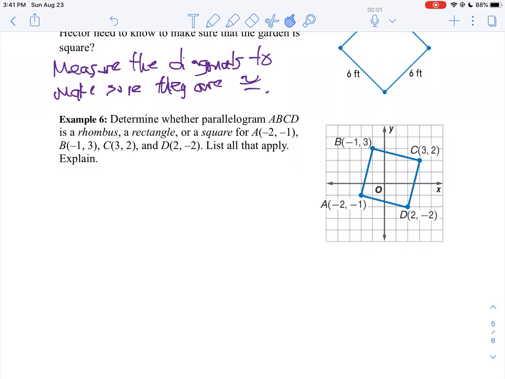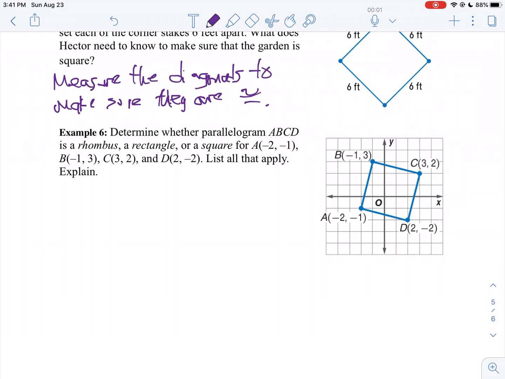Let's find the slope of B to D. Remember, slope is y2 minus y1 over x2 minus x1.